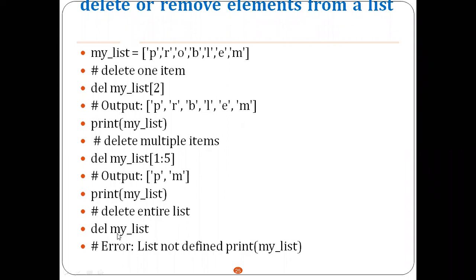If you try to print the contents of that list, it will generate an error message stating the list is not defined, because the list was there earlier, but you have actually deleted it. That's why it generates an error message.